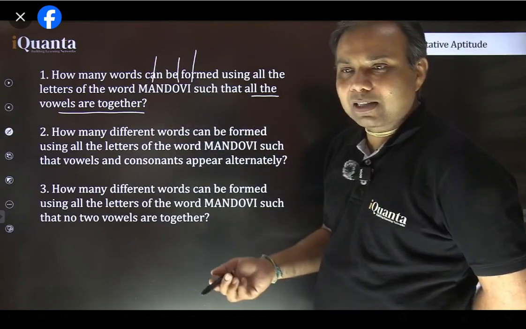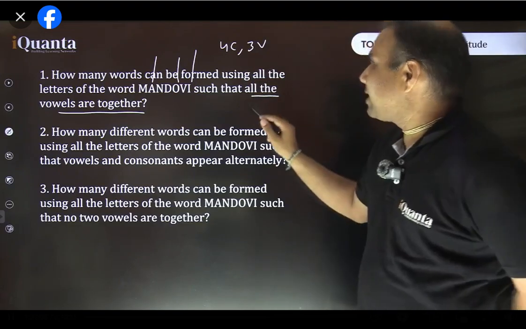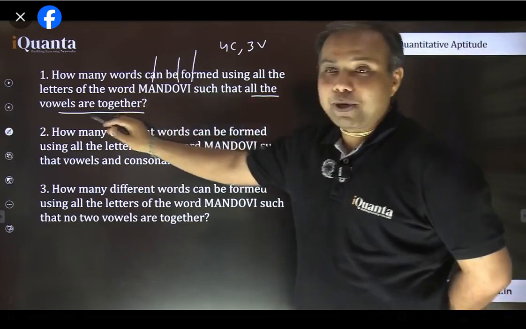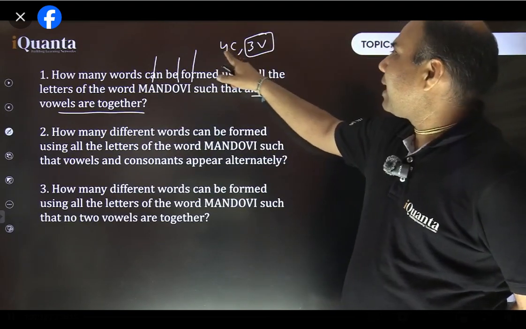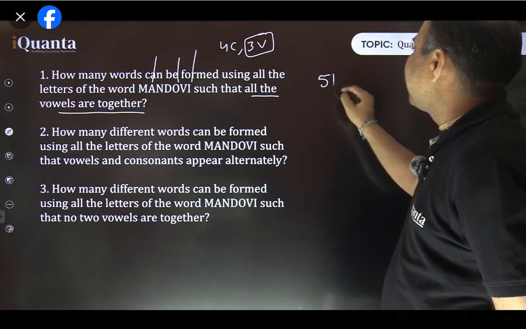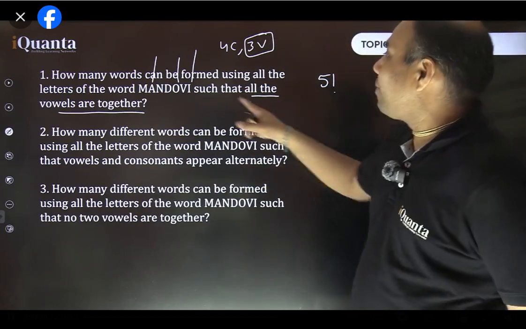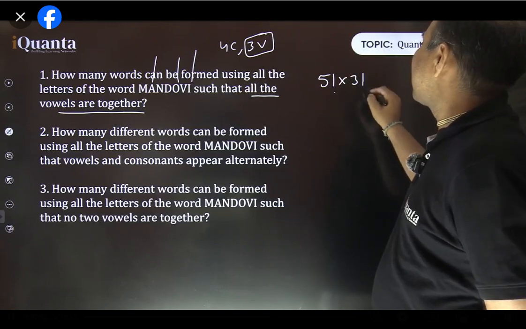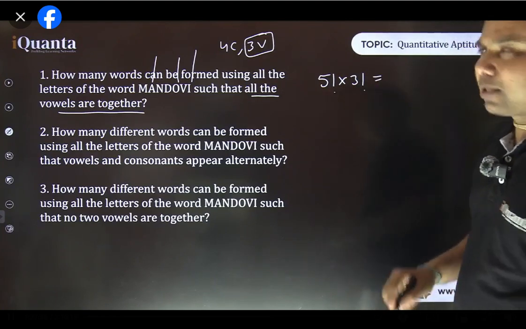So total 7 letters. All the 3 vowels can be considered as a single unit. So basically 4 and 1, 5 things need to be arranged, so 5 factorial. But among these, the 3 vowels can arrange among themselves in 3 factorial ways. So the answer is 5 factorial into 3 factorial, which means 120 into 6. How much is that? 720.